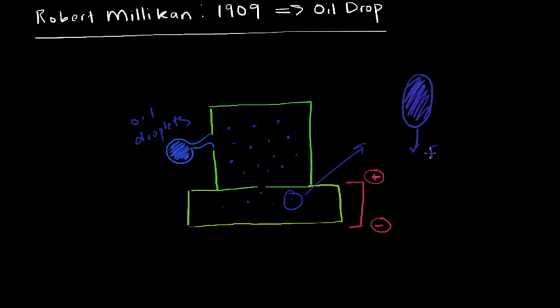The force of gravity is pulling down. There's an electrostatic force pushing up. This droplet is actually going to be suspended, or it's going to move very, very slowly because of these counteracting forces. And because Millikan could sit there and record the very small speeds of these droplets, he was actually able to measure the magnitude of a charge on an electron, giving these droplets a net negative charge.